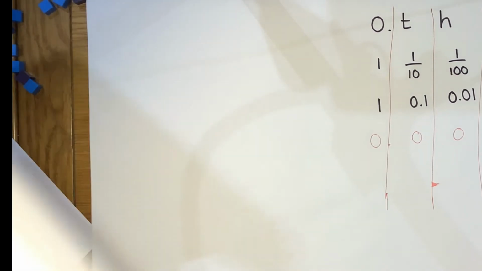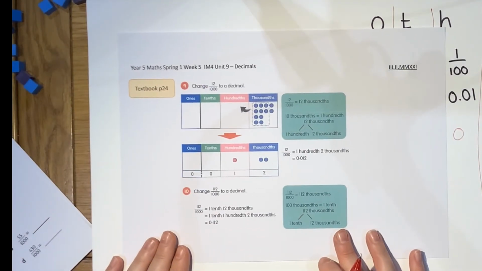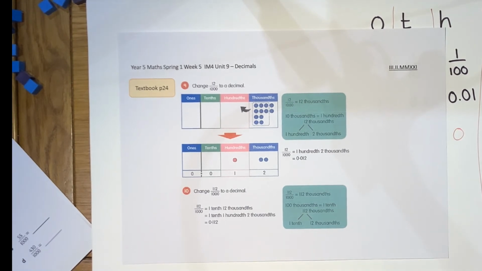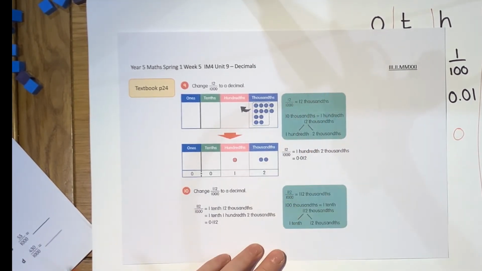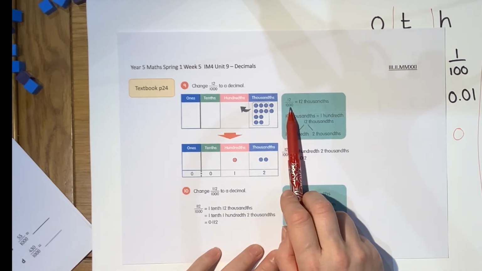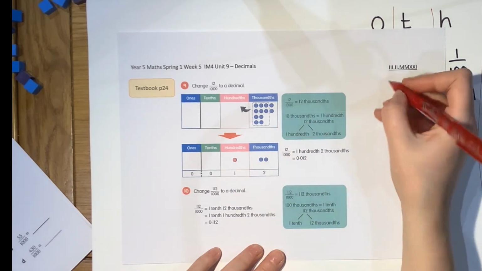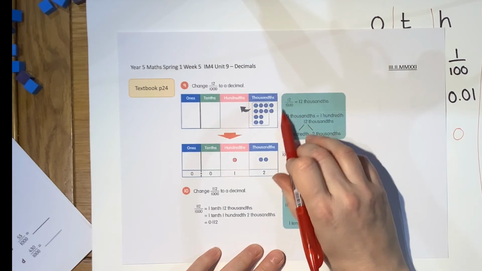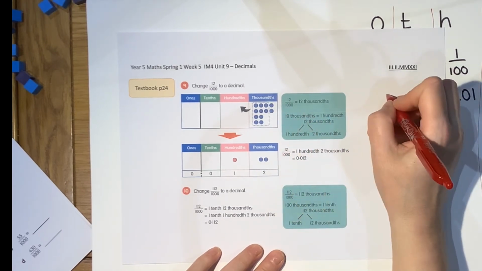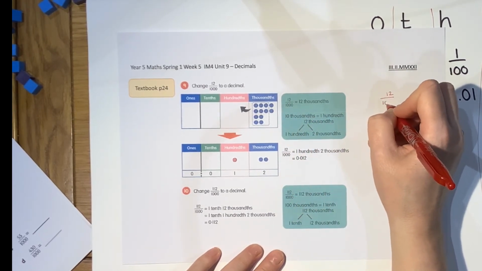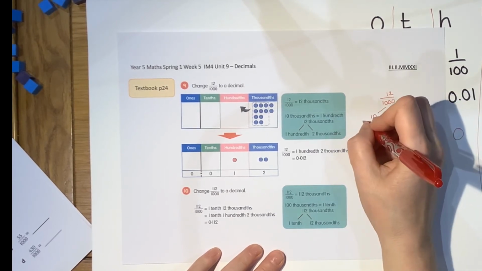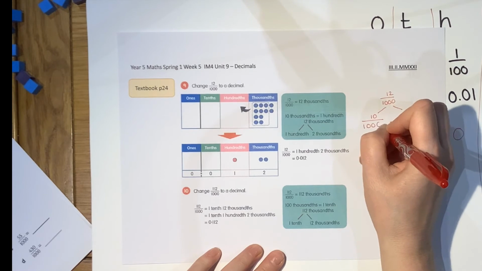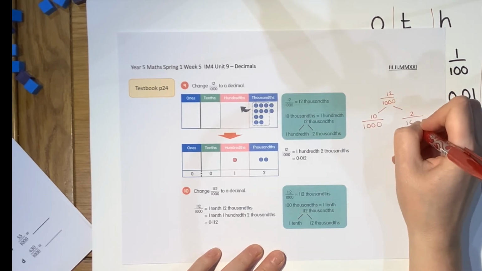Let's try a couple more. So number 9, change 12 thousandths to a decimal. This is how we looked at it last time, wasn't it? So you could write it like a fraction first, and then you can split it up. So they've split it into 10 thousandths and 2 thousandths. I'm going to just write it slightly differently. So I'm going to take my 12 thousandths and I'm going to split them into 10 thousandths and 2 thousandths.